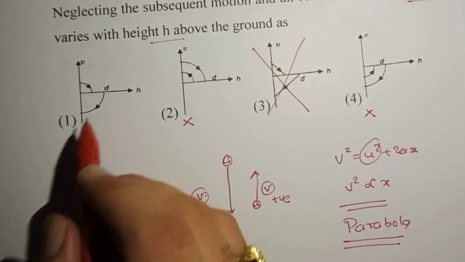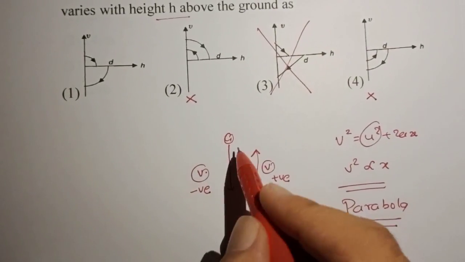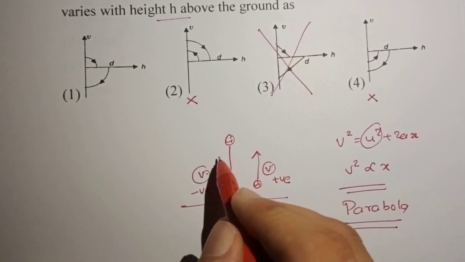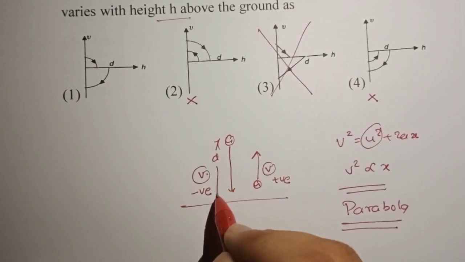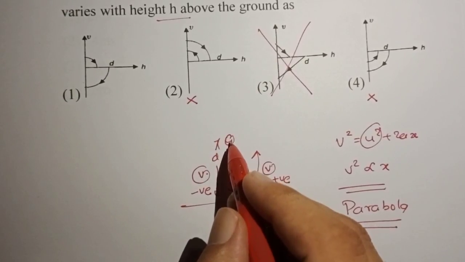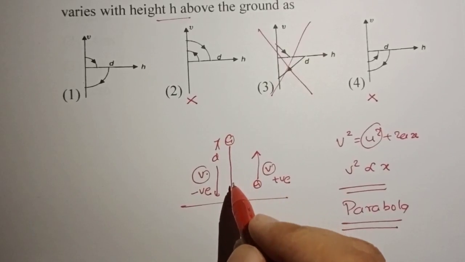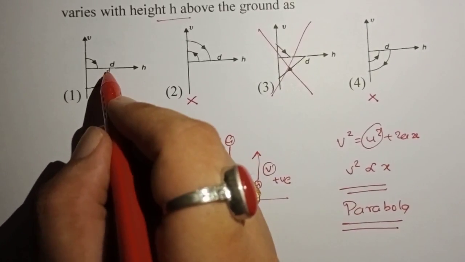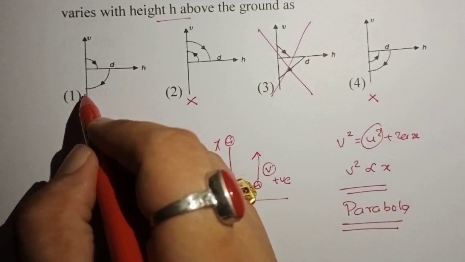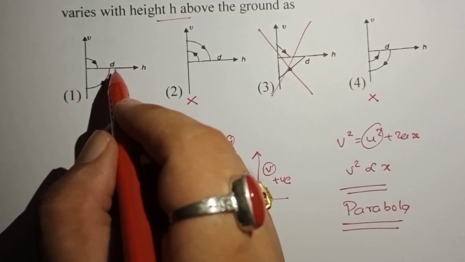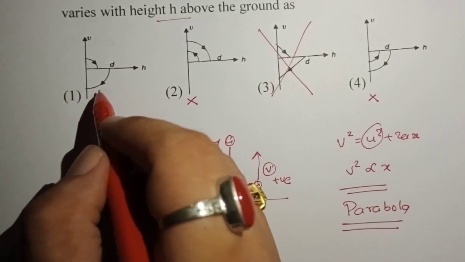So we will carefully observe the first option. When the ball is falling down from a distance d, as the distance from the ground decreases, velocity is increasing. See here, velocity is increasing, but in the negative direction, and the variation of velocity with distance is a parabola. It is right.